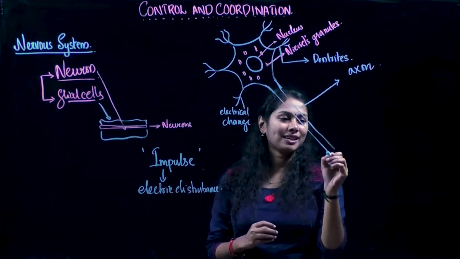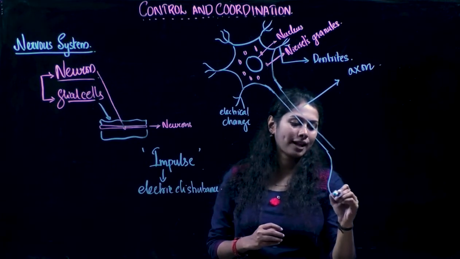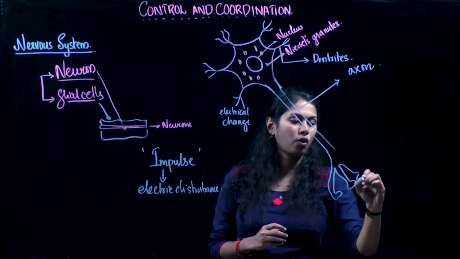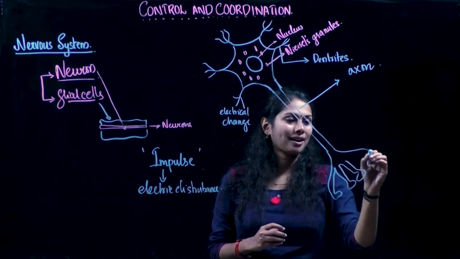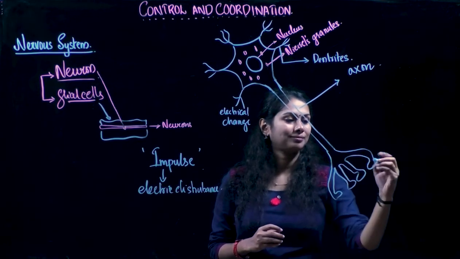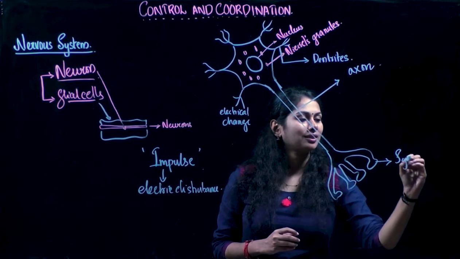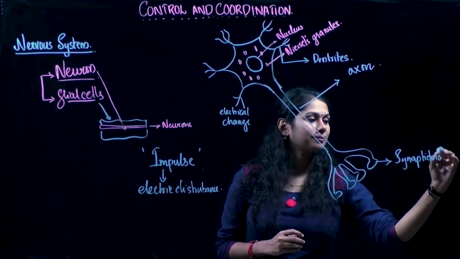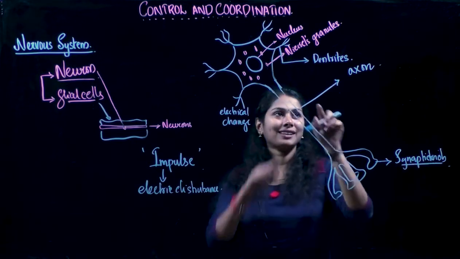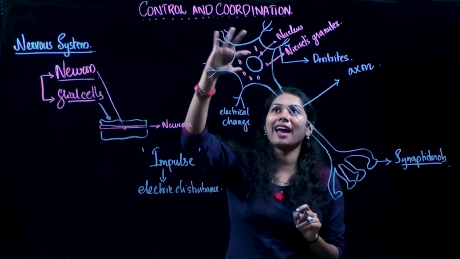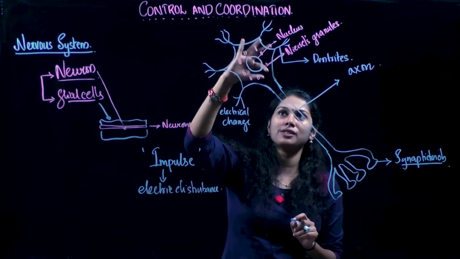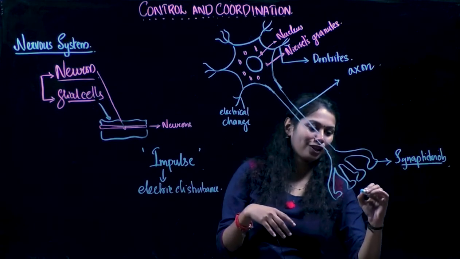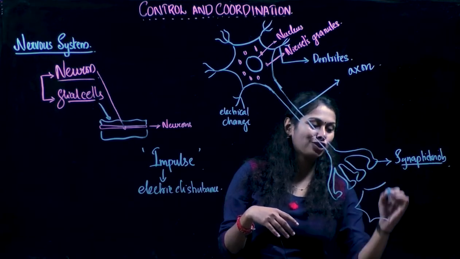This axon ends with several branches, and the end of the branches usually has a knob called the synaptic knob. This structure, the axon, carries that electrical disturbance from the cell body to the next cell. But where is the next cell? The next cell is usually located like this, in an end-to-end connection.